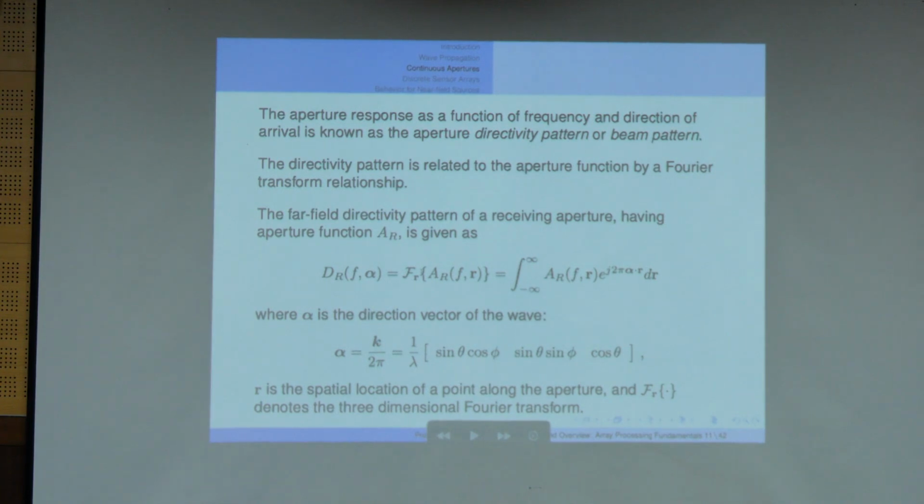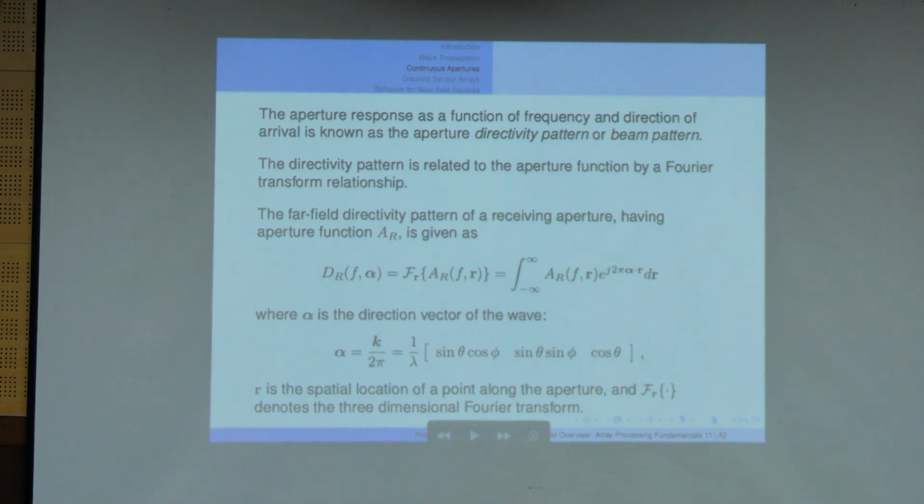Directivity pattern means what is the strength of the electrical signal that is measured, and since it's a Fourier transform, it contains magnitude and phase. It's a complex number. So what is the strength of the electrical signal, including magnitude and phase?